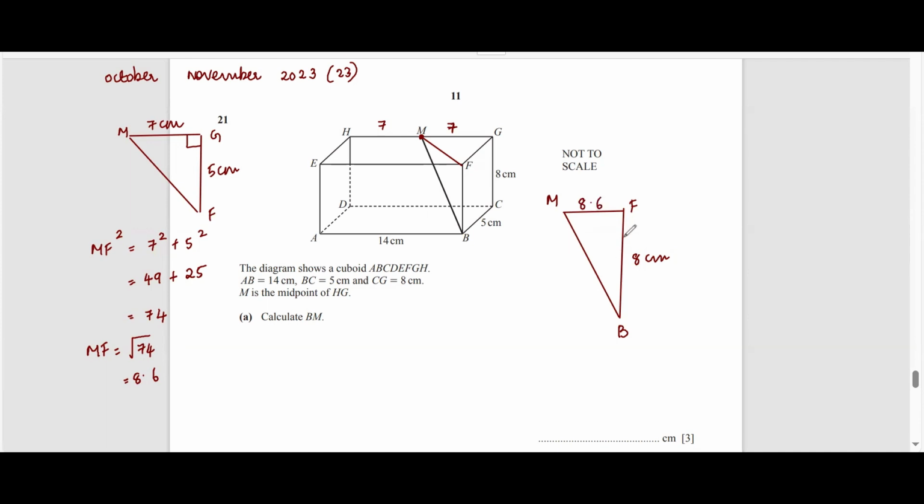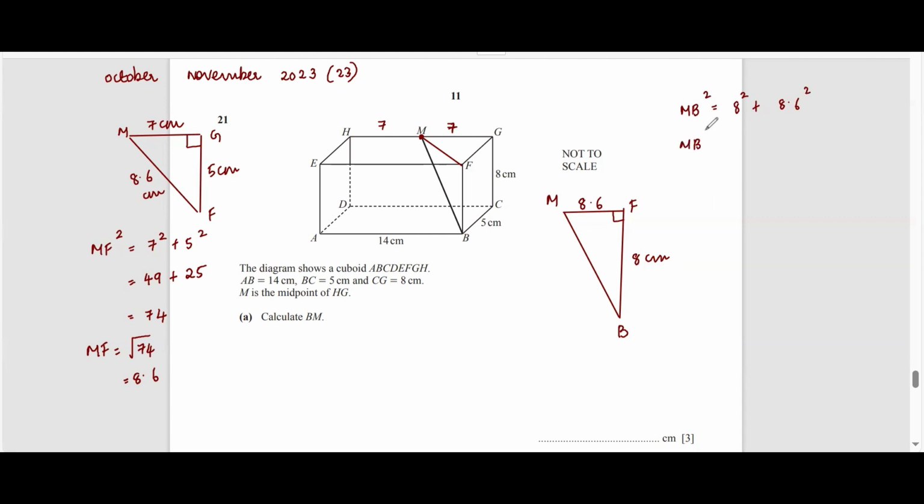Now, the question was to find out what MB is. We have MF, we have FB. So MB square will be 8 square plus 8.6 square. When we put this in calculator, you will get 138.